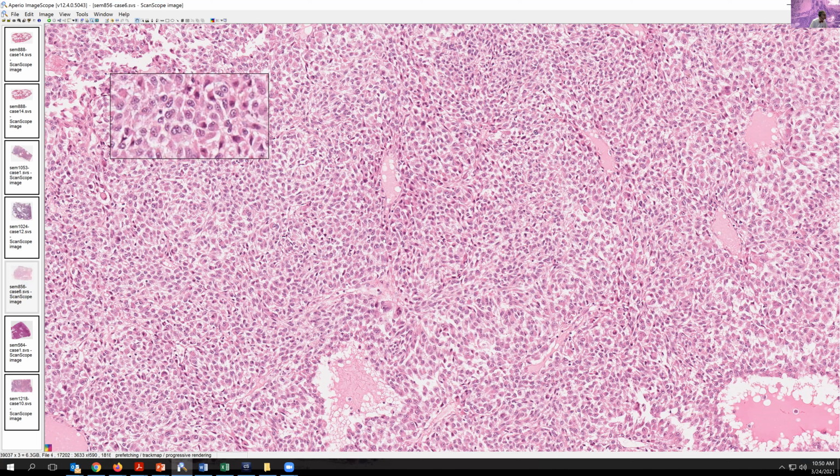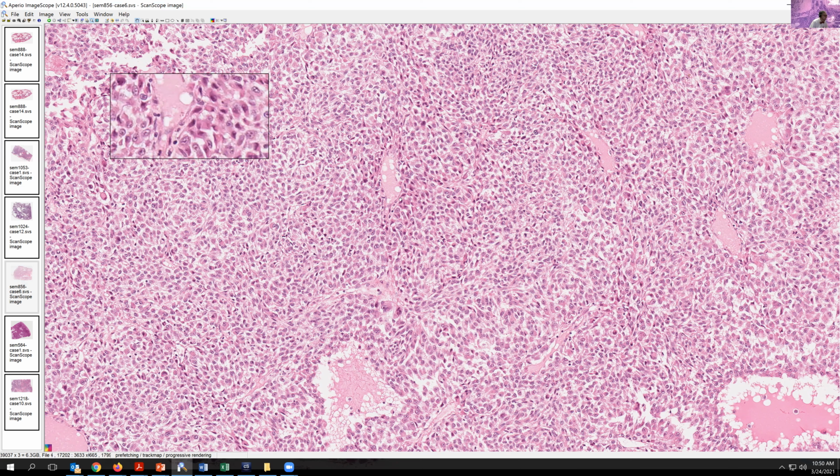Now, the kicker in this situation is that this patient had a history of a cutaneous tumor, and this was felt to be a metastasis from a melanoma. So this underscores the need to perhaps use more than one sex cord stromal marker. Inhibin and MART1 might give you confusing results, in the sense that you might find MART1 to be positive and inhibin negative, and sometimes that happens in sex cord stromal tumors.